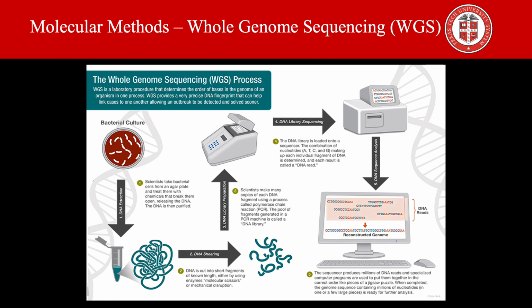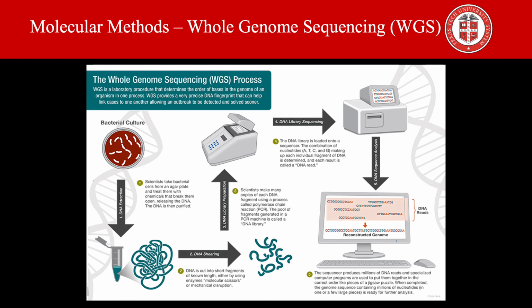Then we have the data analysis. So computer analysis tools are used to compare bacterial sequences and identify differences. The number of differences can tell you how closely related the bacteria are and how likely it is that they are part of the same outbreak.